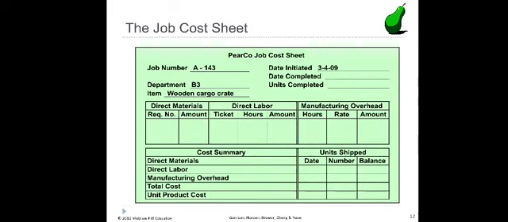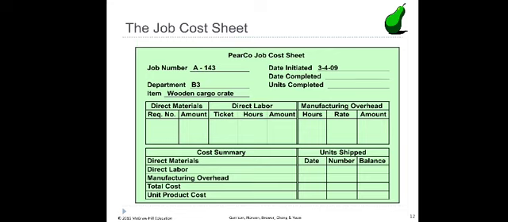For a business that uses a job order costing system, the business uses one most important document. This document is called the job cost sheet. The business has to create one job cost sheet for every job. Let's say the business is a caterer.